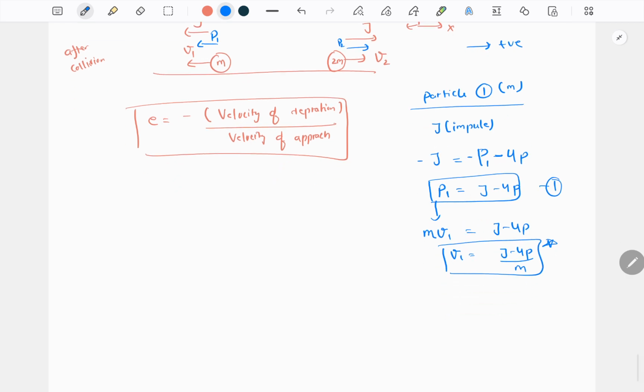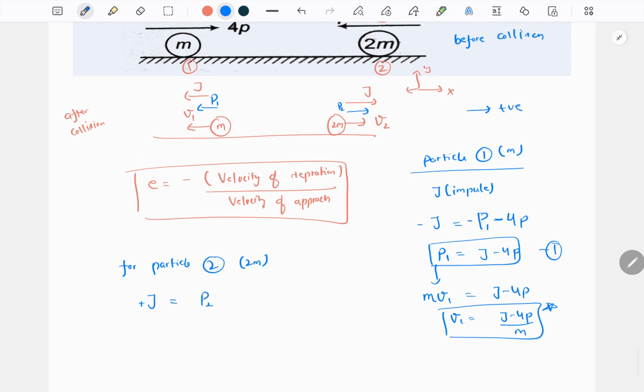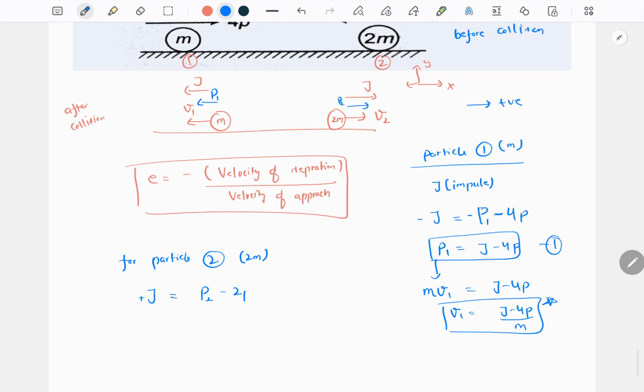Similarly for particle 2 of mass 2m, can I find the change in momentum in the positive direction? That will be equal to the final momentum p2 minus the initial, which is minus 2p. So p2 will be equal to j plus 2p, and similarly it can be written as 2m times v2 equals j plus 2p.